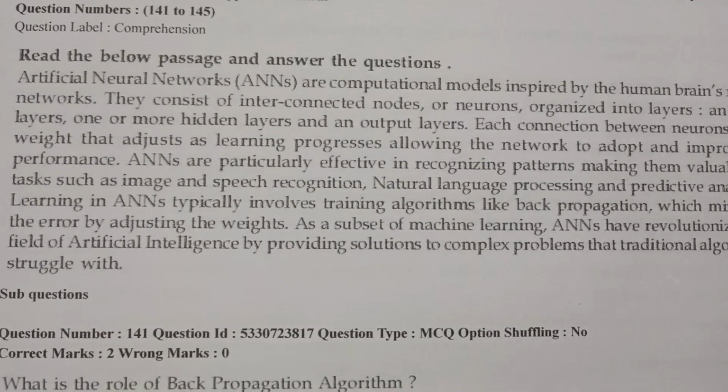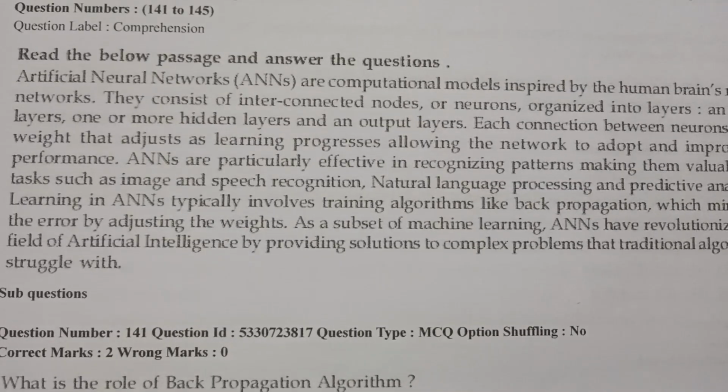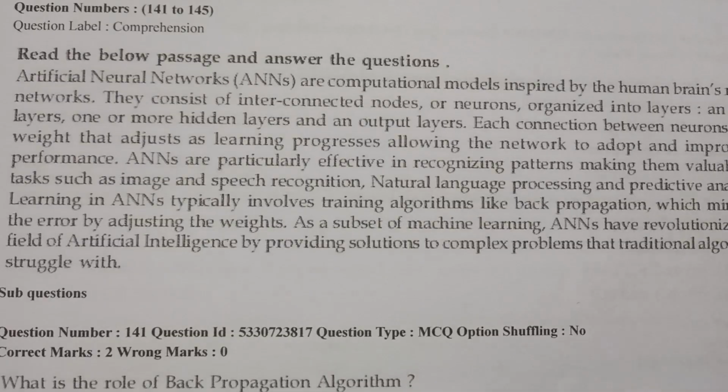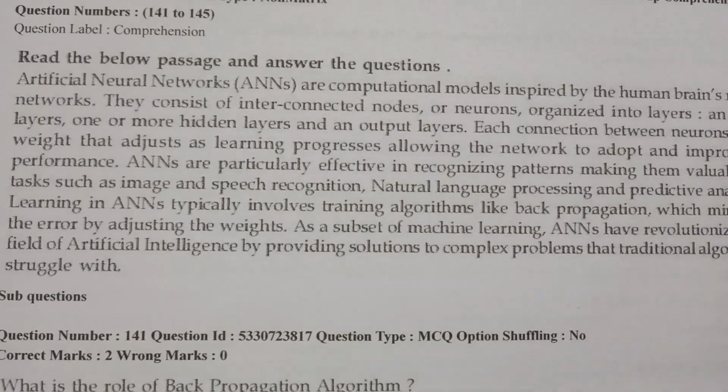Each connection between neurons has a weight that adjusts as learning progresses, allowing the network to adapt and improve its performance. ANNs are particularly effective in recognizing patterns, making them valuable for tasks such as image and speech recognition, natural language processing, and predictive analytics.